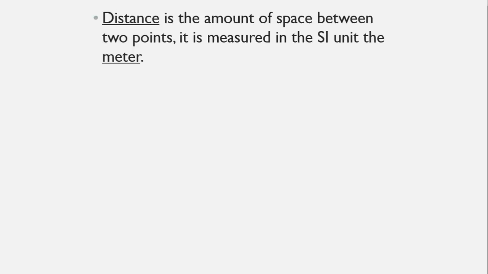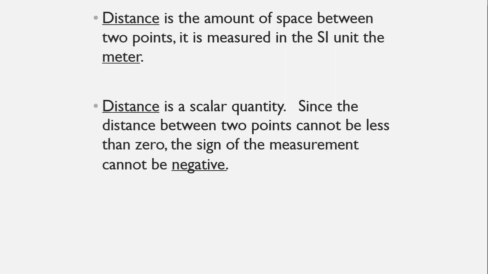Okay, distance is how much space is between 2 points, and normally it's measured in meters unless there's a reason for doing it differently. Distance is a scalar quantity, so there's no direction to it, and it can actually be negative.